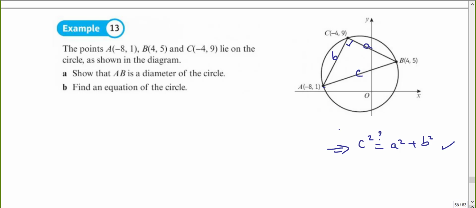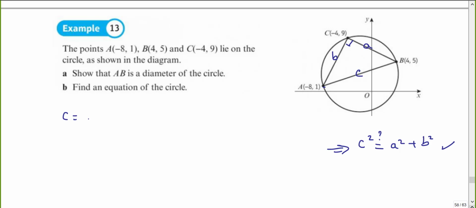So what we want to do now is to find the sides. We want to find side C, side A, and side B, and then we check the Pythagorean theorem. So how would you find side C first?